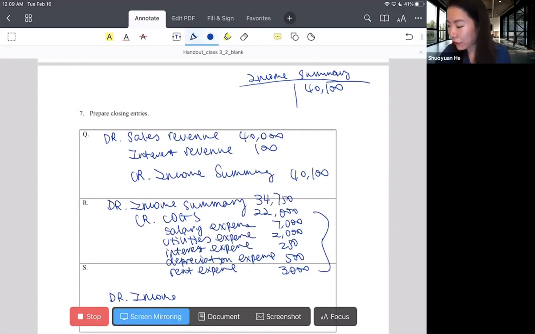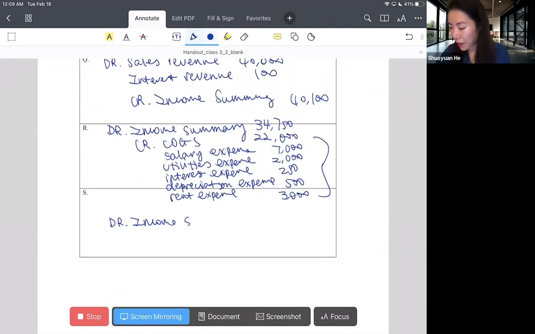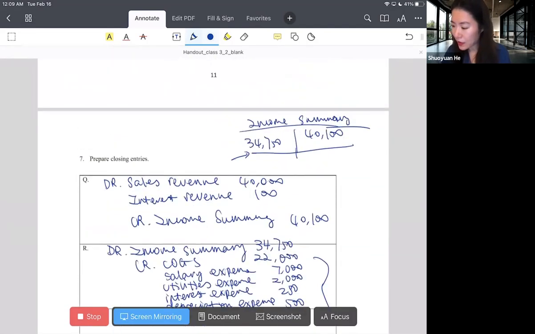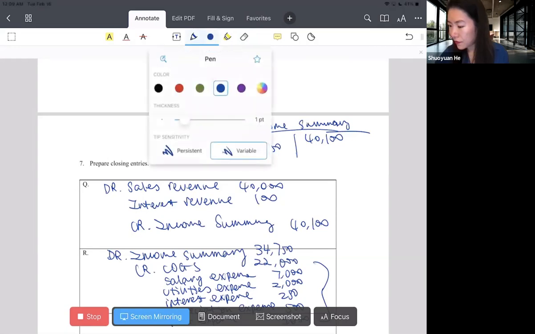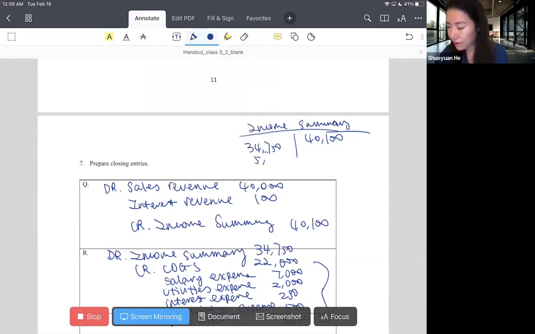Then it is debited for 34,750. So the balance is on the credit side. In order to make the balance of income summary go to zero at the end of the financial reporting period, we need to debit it by 5,350. And after that, it will have a zero balance.